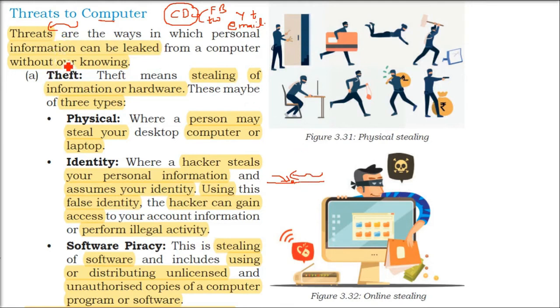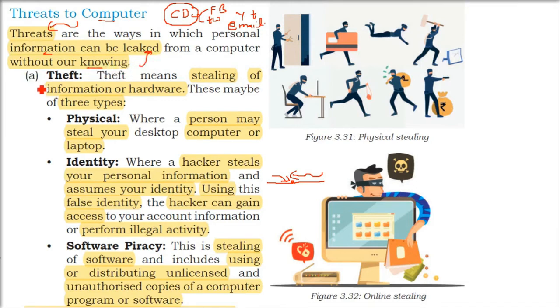Threats are the ways in which your information, normally your personal information, can be leaked without you being told or being aware of it. Information just goes without your permission, without you knowing.